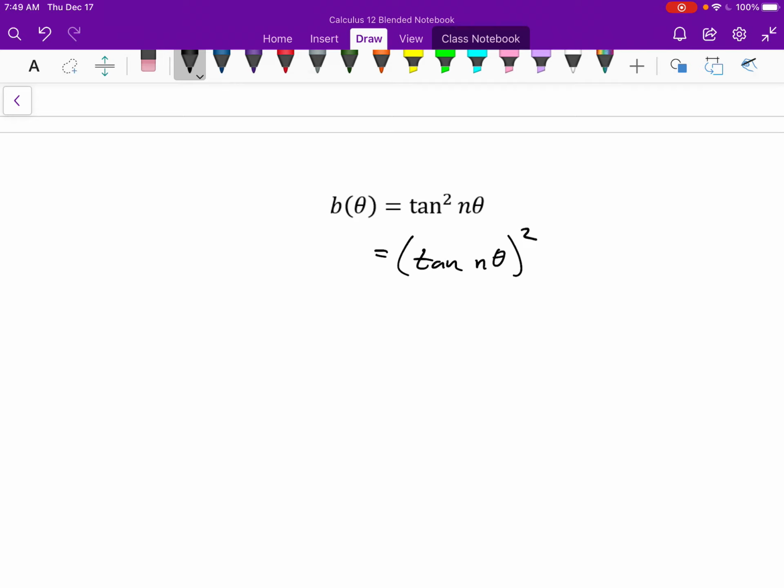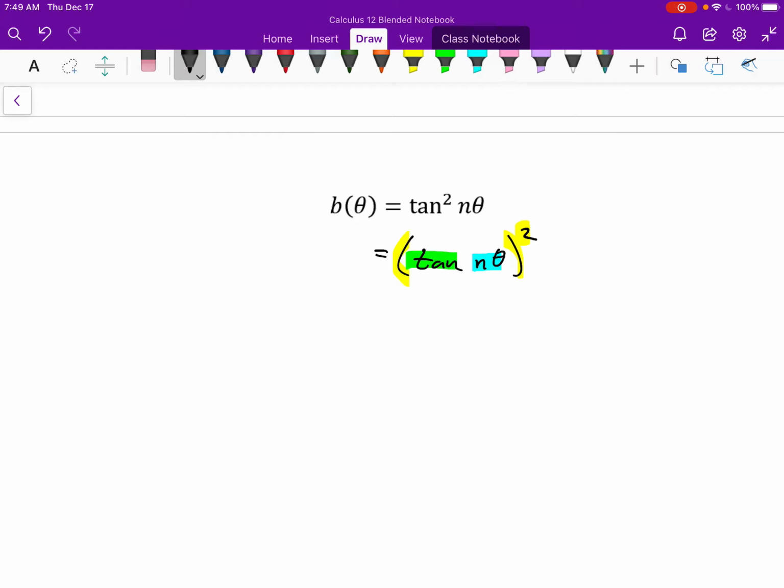So I haven't differentiated anything, but perhaps this makes it more clear how many layers there are and the order of the layers. There are 3 layers of functions here. The outside layer is the quadratic layer, power of 2. The next layer inside that is the tangent function, and the very inside layer, the third, is a linear function, n times theta.